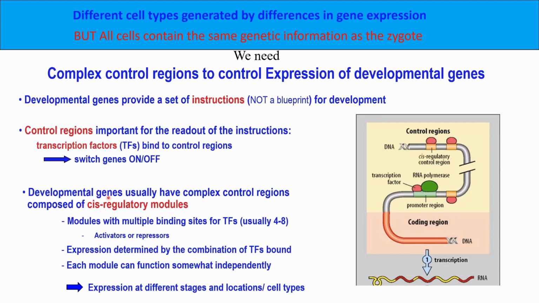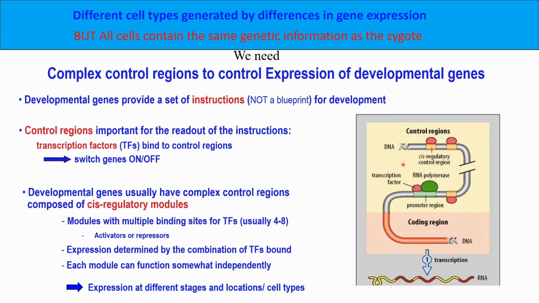And cis means that it's on the same strand, even if it's far removed, which often can be the case of complex control regions, that the enhancer or suppressor regions that bind activator or repressor transcription factors can be some distance from the start site of the coding region of the DNA.